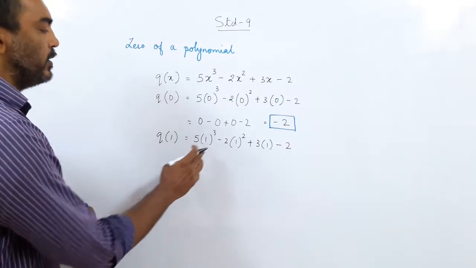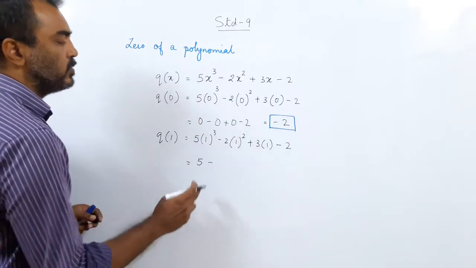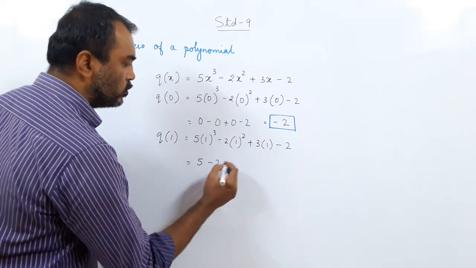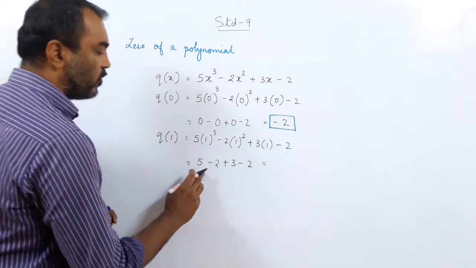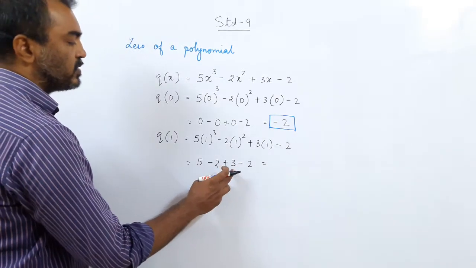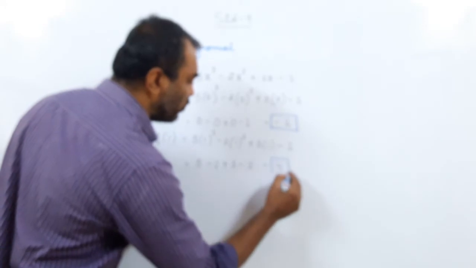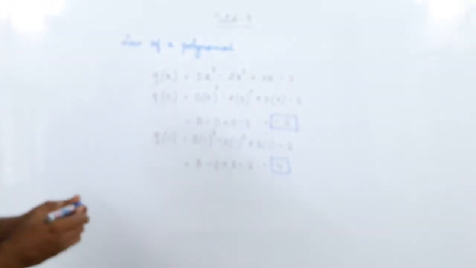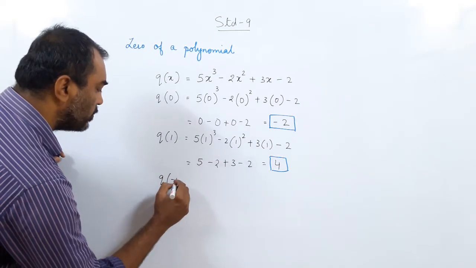So 1 cube is 1, 5 ones are 5, 1 square is 1, 1 into 2 is 2, 3 ones are 3, minus 2. 5 minus 2 is 3, 3 plus 3 is 6, 6 minus 2 is 4. So what value did you get here? You got the value 4.